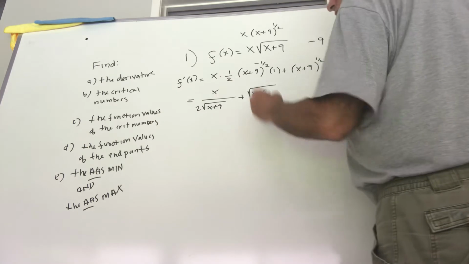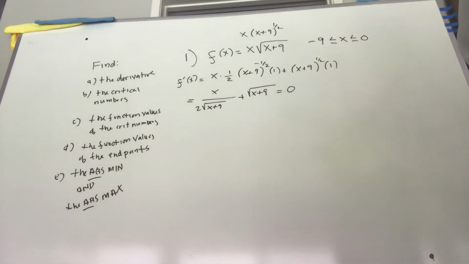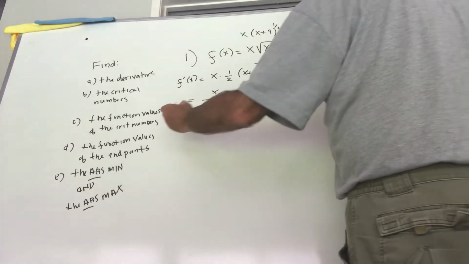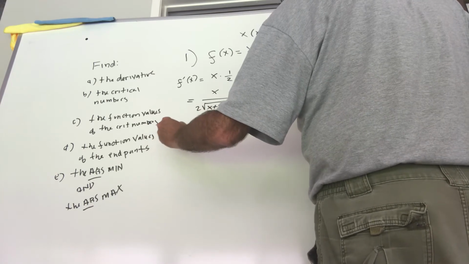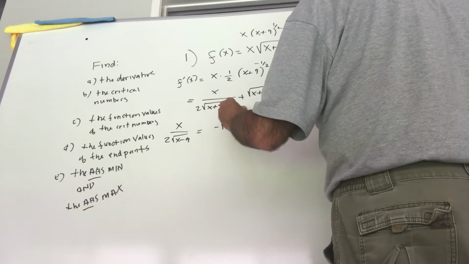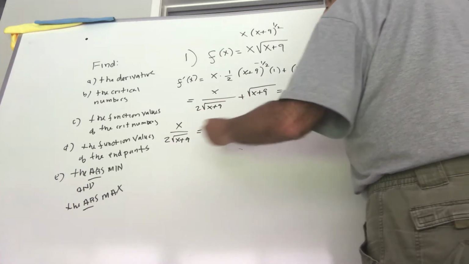And then the way we find the critical numbers is we set that derivative equal to 0. So I set the derivative equal to 0. Now, there's a lot of algebra here, so I'm going to move that over to the other side. Negative. Then cross multiply, oh sorry, that's plus. Then cross multiply.